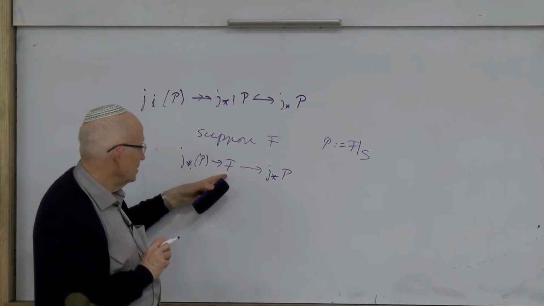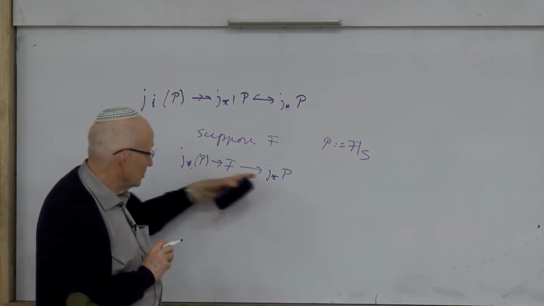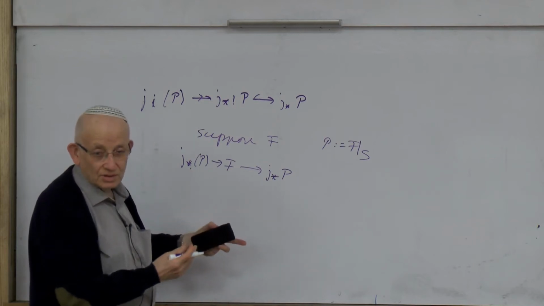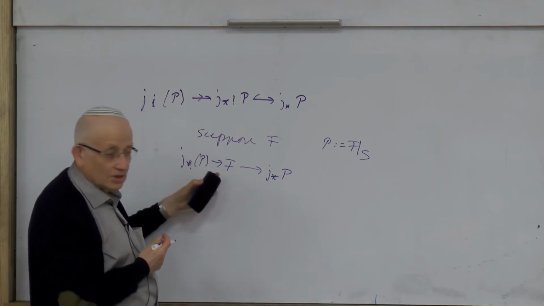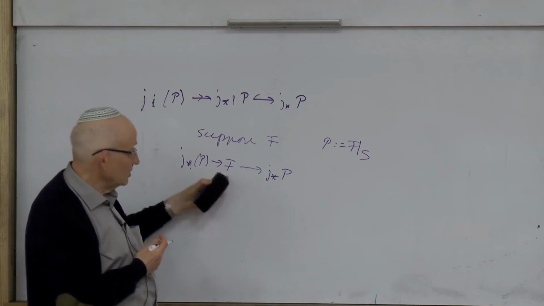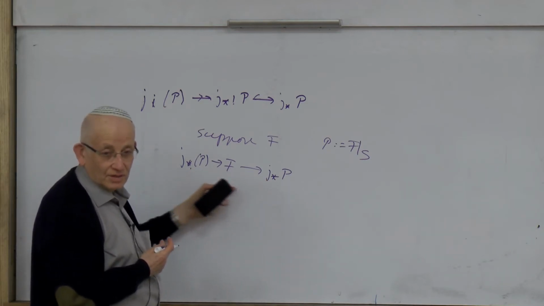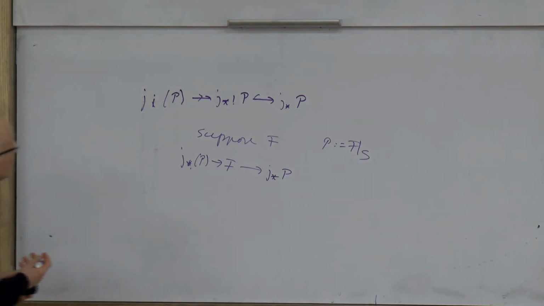Why is it an embedding? Because the kernel of this morphism is supported on the boundary. Since f doesn't have submodules supported on the boundary, this is an embedding. Similarly, this is an epimorphism. So then f is this thing. Okay.